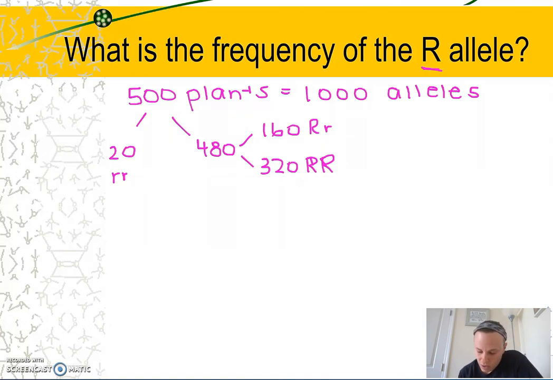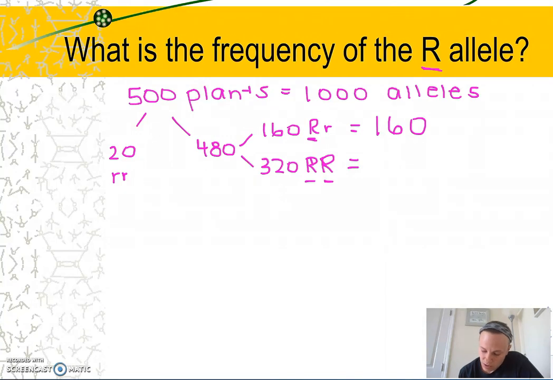So in the case of the 160 heterozygotes, they can only give us one capital R allele each, for a total of 160 alleles. In the case of the homozygous dominant plants, they give us two capital R alleles each.